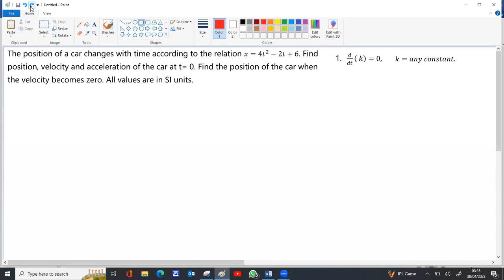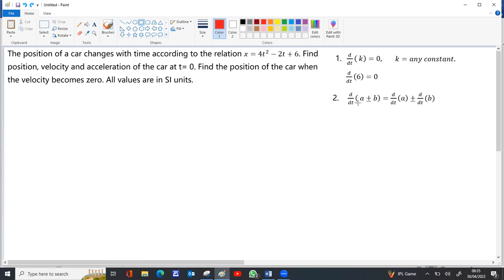Rule number 1. For example, in this particular question, we have a constant 6. For any other number, 6 or 8, if you find d by dt of it, that will be 0. Now, rule number 2: if you have addition or subtraction terms for finding d by dt, you can open the bracket and do it separately.